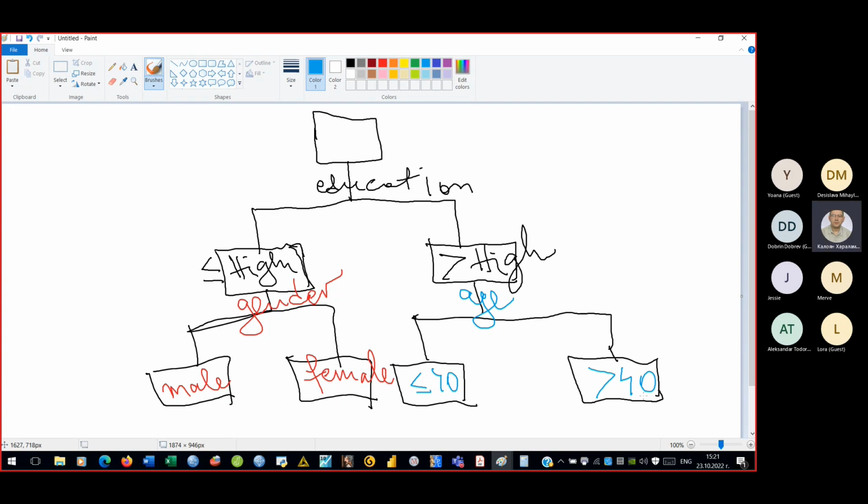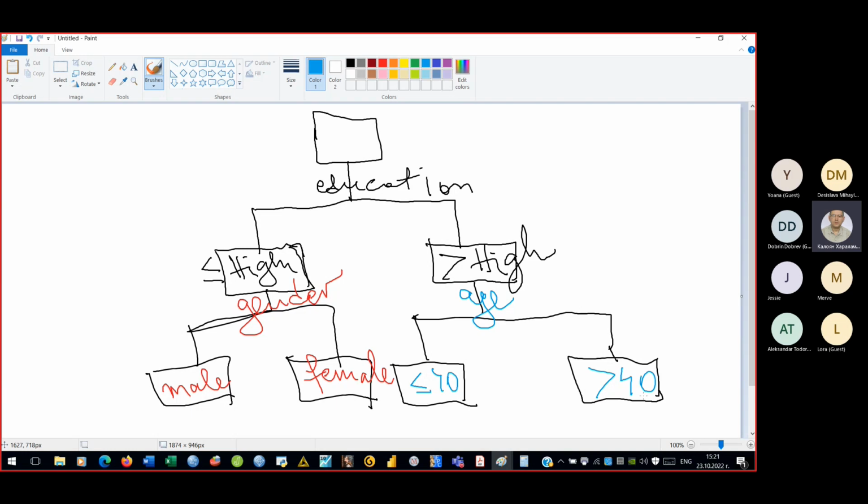This method, classification tree, makes automatic selection of factors, automatic selection of independent variables.